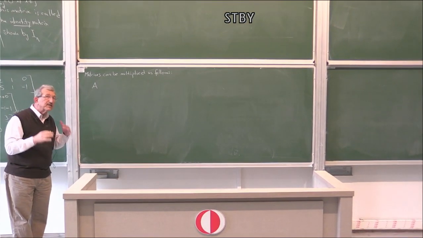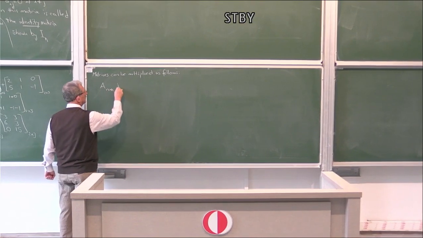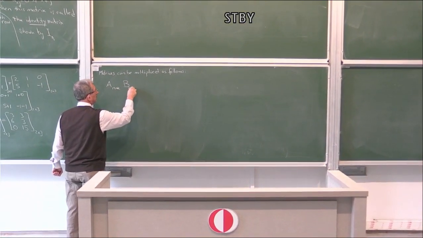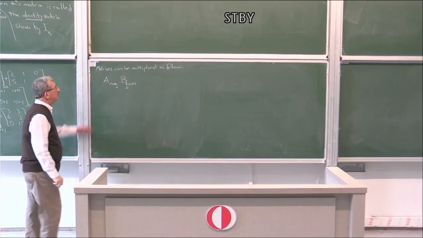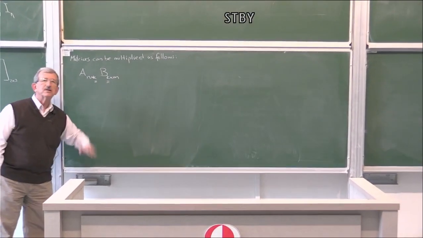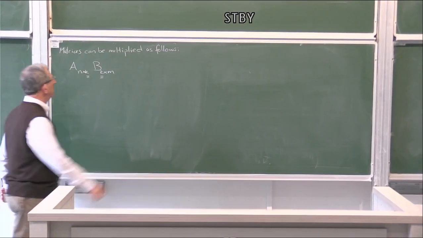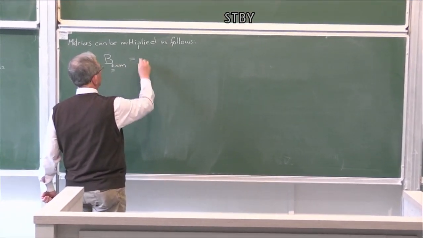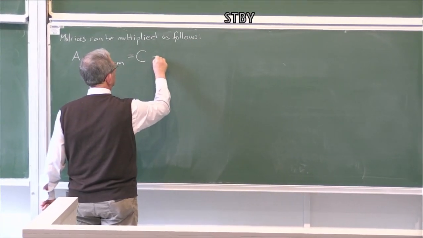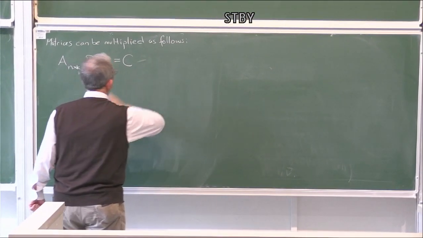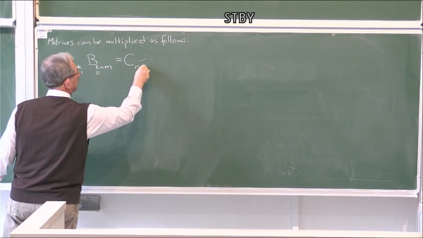That is, not the same necessarily, but the number of columns in the first one must be the same as the number of rows in the second one. And this will be a matrix C where we have the following setting. Of course, it will be n by n.